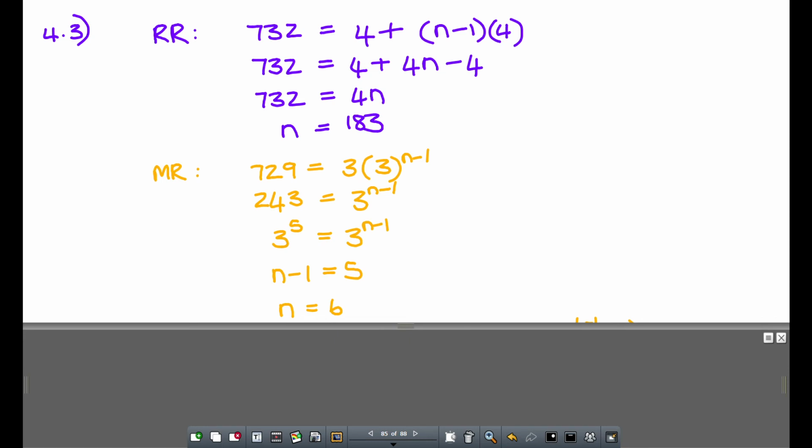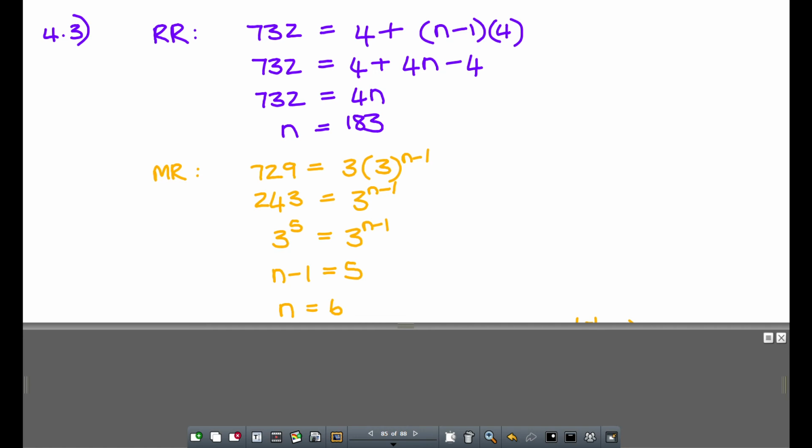So a was 4 plus n minus 1 and d was also 4. So in other words, the equation for that arithmetic series or sequence was 4n. So 4n equal to 732. Wat beteken dat n is 183. So daar is 183 terme in my rekenkundige reeks.